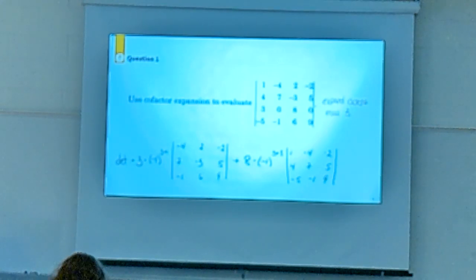Then -4 times 5 times 6. -4 times 5 is -20 times 6. There's the first term of the determinant.